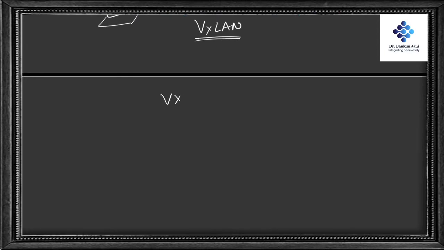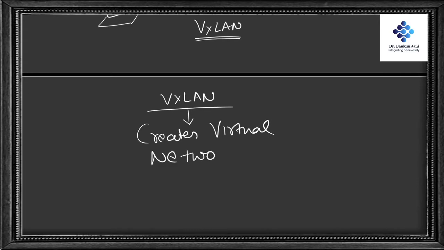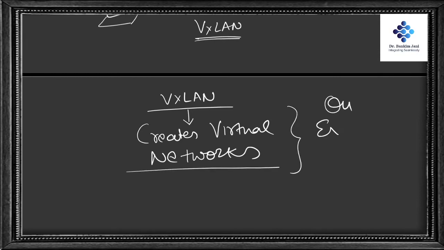Now what VxLAN does is create virtual networks, and these virtual networks are on an existing network. When they are on an existing network or existing infrastructure, this means at this point we are not adding any new devices that are completely compatible with this new DNA, etc. We are working only on those devices which are in our existing network.